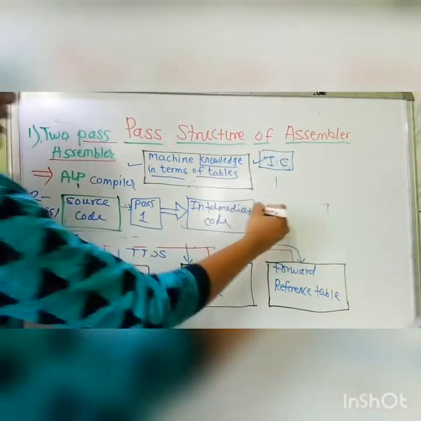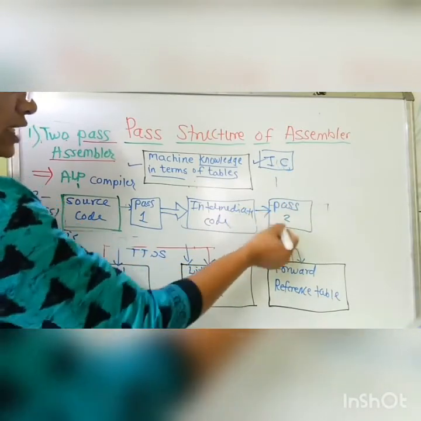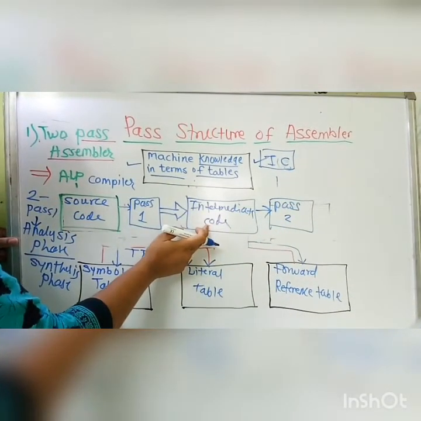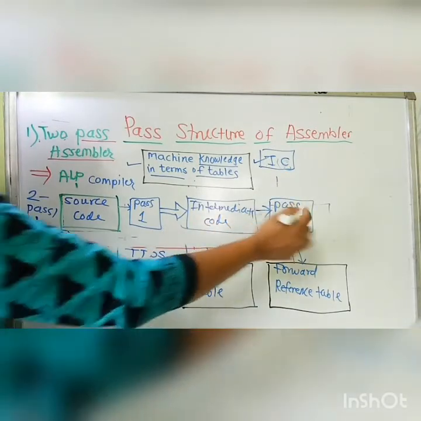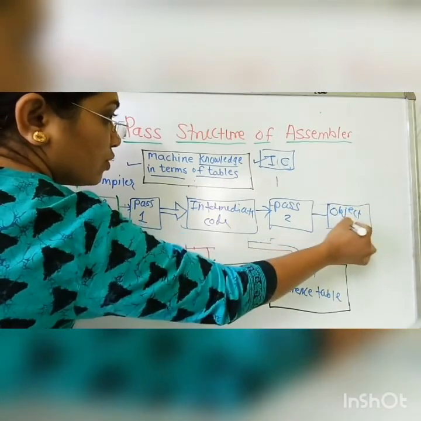The output of the first pass is the input to the second pass, and then it is converted into the object code.